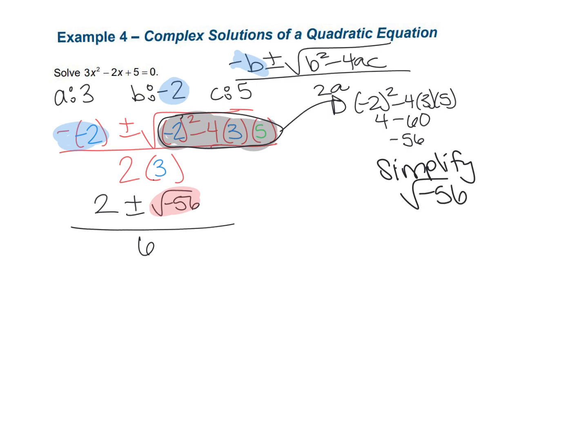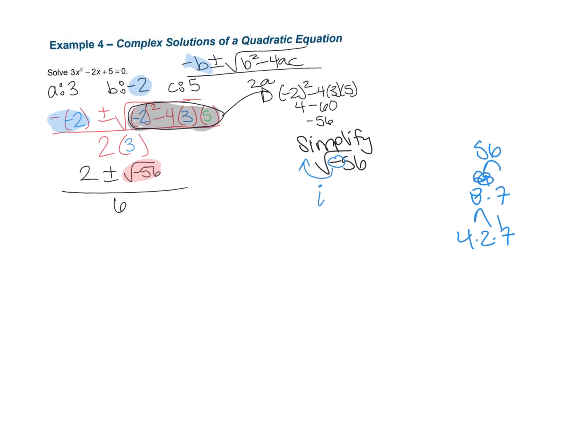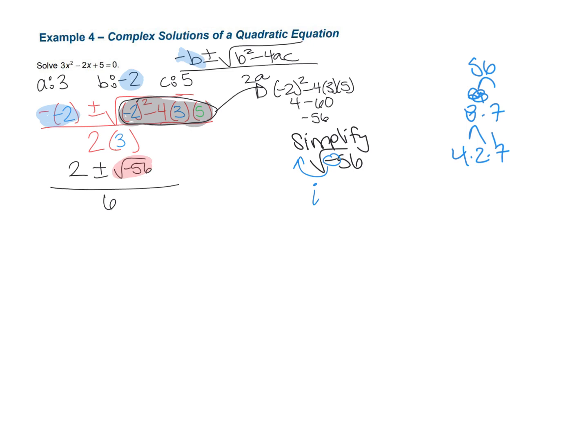The first thing I notice is, oh no, there's a negative. That means I've got to take out the i. Then I'm going to go ahead and reduce 56. So that would be 8 times 7, and then 8 is 4 times 2, which would give me 2 times 2 times 2 times 7.